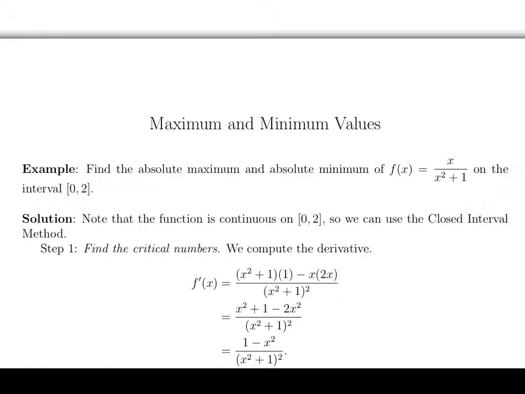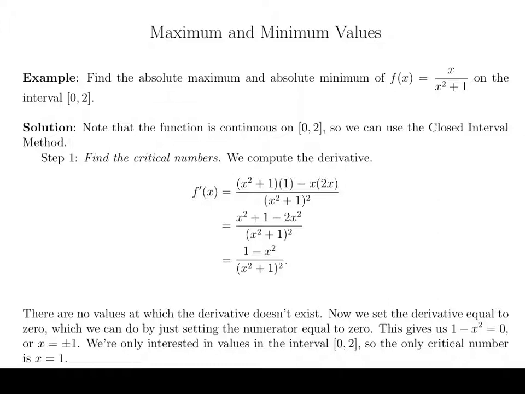So we want to know, where does this derivative not exist and where is it equal to 0? Now there aren't any places where the derivative doesn't exist. Oftentimes we're looking for places where the denominator is equal to 0. That never happens here. So now we're going to set the derivative equal to 0. And we can do that by just setting the numerator equal to 0.